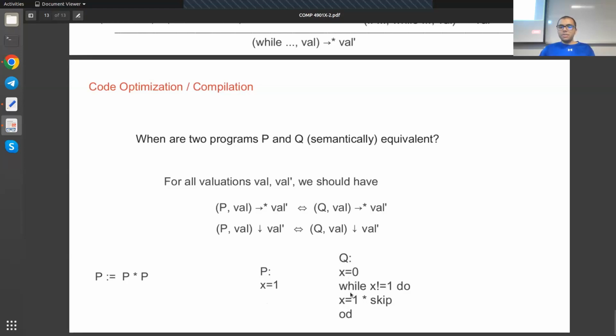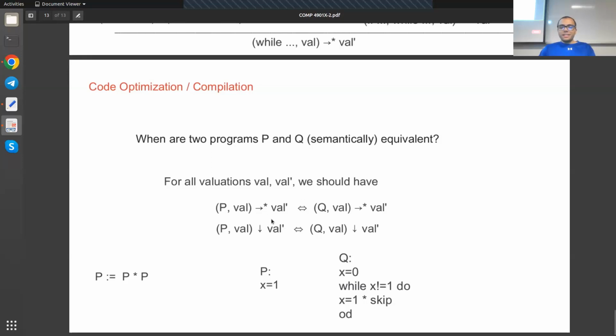Q sets x to 0, and then it says while x is not 1, non-deterministically either don't do anything or set x to 1. Okay, so the only case that Q terminates is if at some point it sets x to 1. So the only case that Q terminates is that it terminates with x equal to 1.